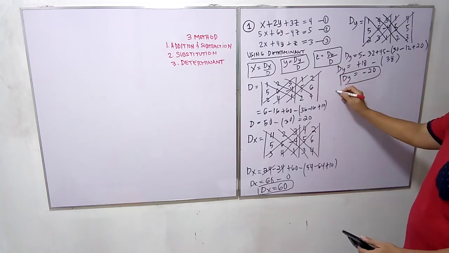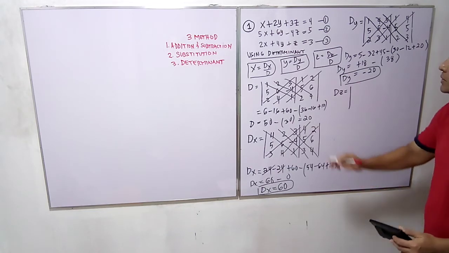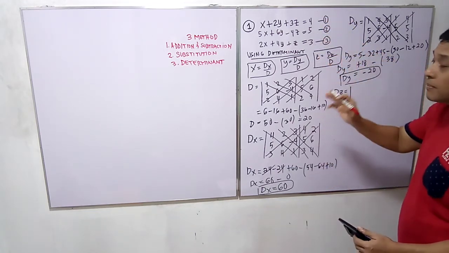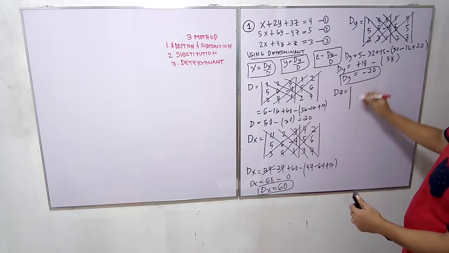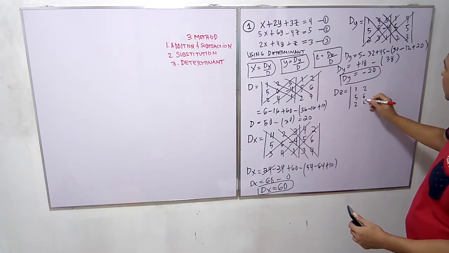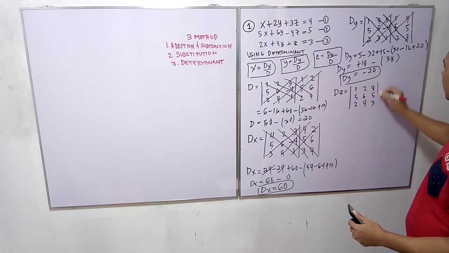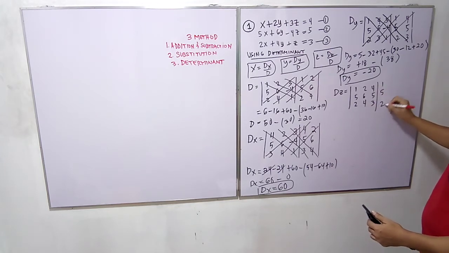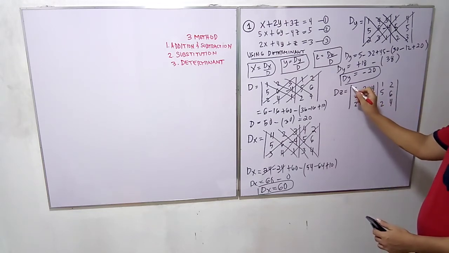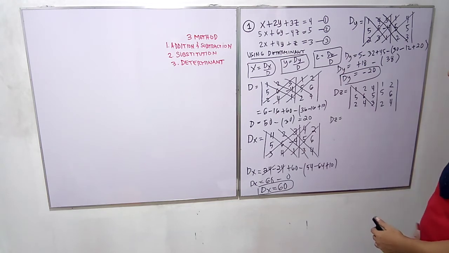Dz. So, yung constant na to, ihalili natin sa coefficient of z term. Tapos mangyari po ay 1, 5, 2, 2, 6, 4, and 4, 5, 3, then ulitin natin itong dalawa. 2, 6, and 4. Therefore, ito, una, is equals to 1 times 6 times 3 is 18.